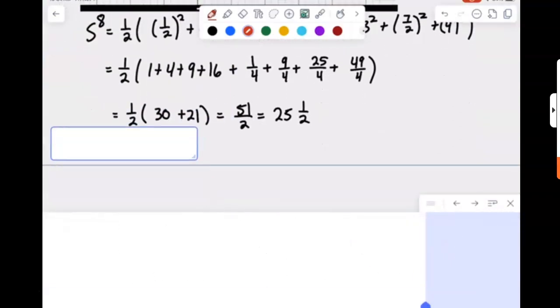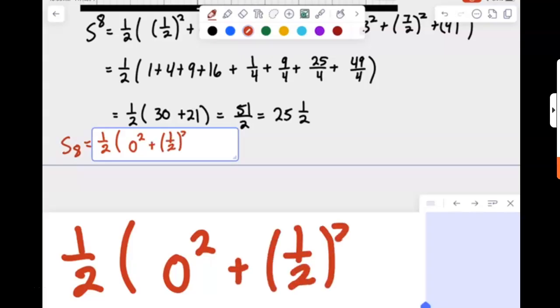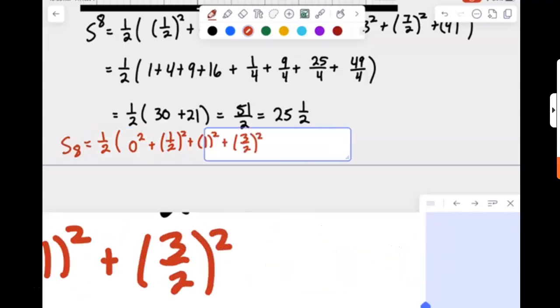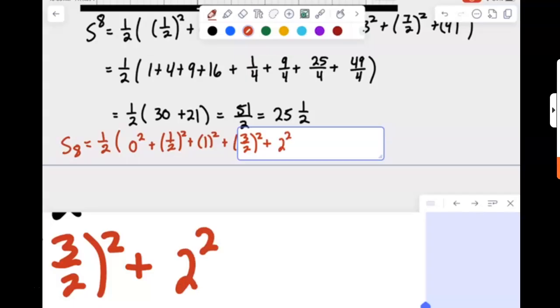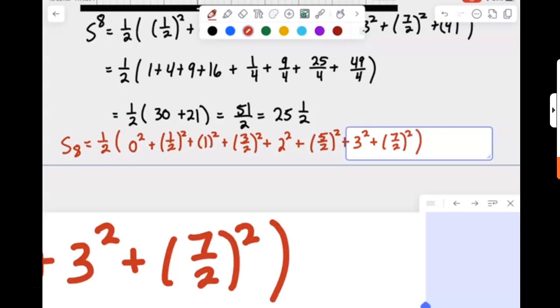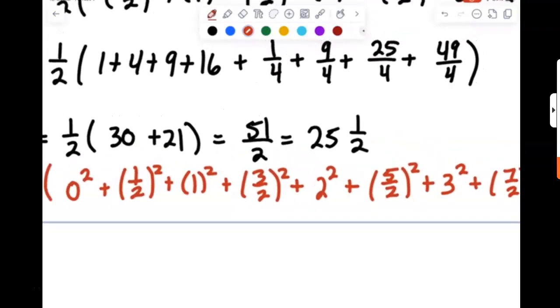So S lower 8 is still going to be 1/2, and that's going to be times 0 squared plus 1/2 squared plus 1 squared plus 3/2 squared plus 2 squared plus 5/2 squared plus 3 squared plus 7/2 squared.